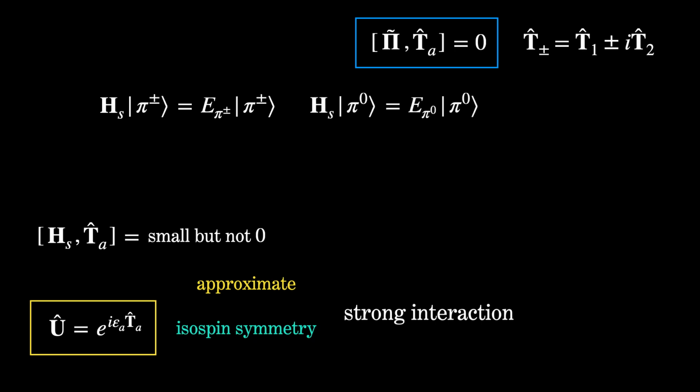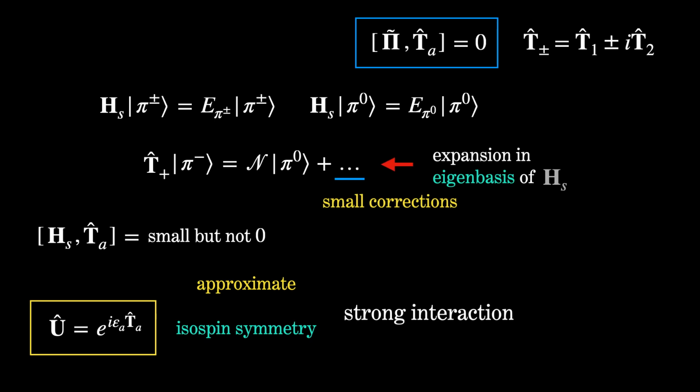It's just that when we apply the raising operator to the state π⁻, we now have, other than π⁰ as the main component, some small corrections. We can view the right-hand side as an expansion in the eigenbasis of Hs. N is the normalization factor associated with the raising of π⁻ to π⁰.